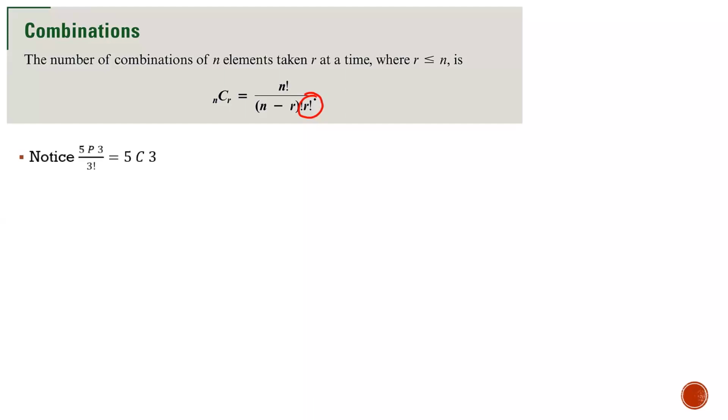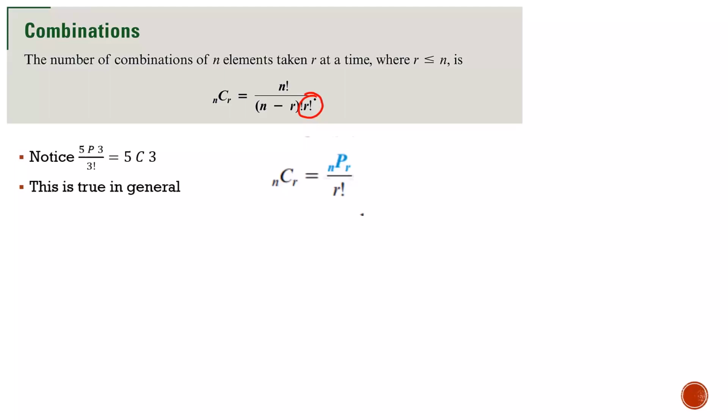As I said on the previous slide, this is true in general. This formula starts out with this formula. This isn't something you have to memorize, but I want you to see where this comes from.